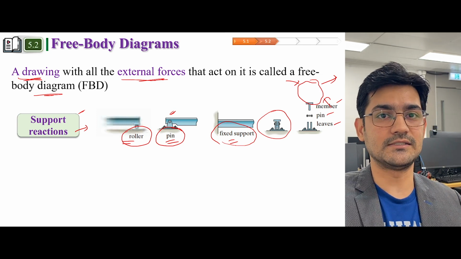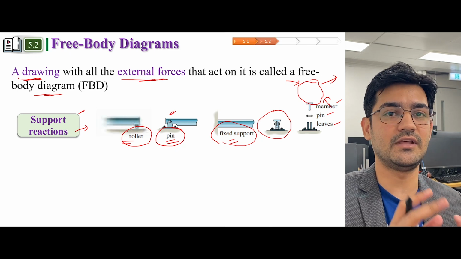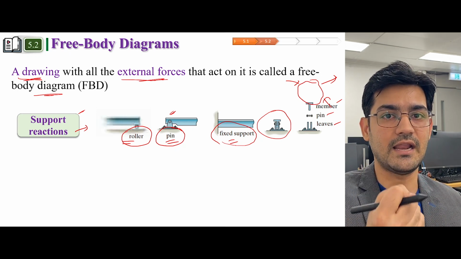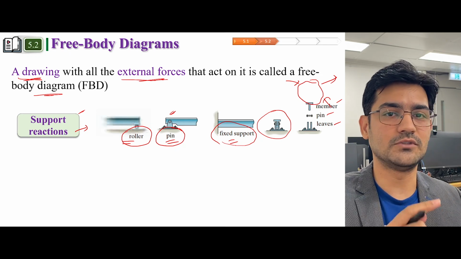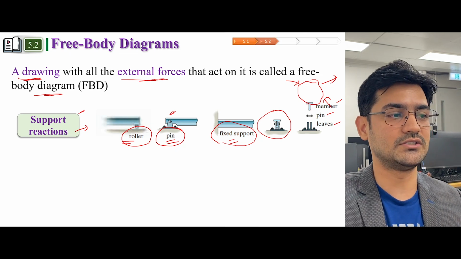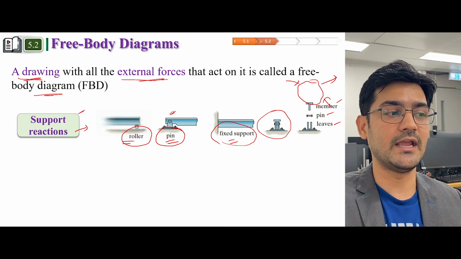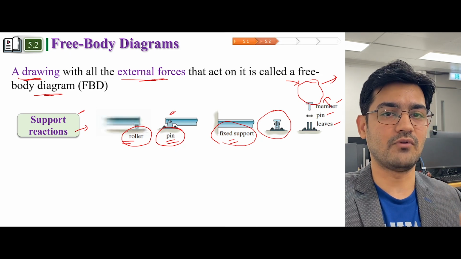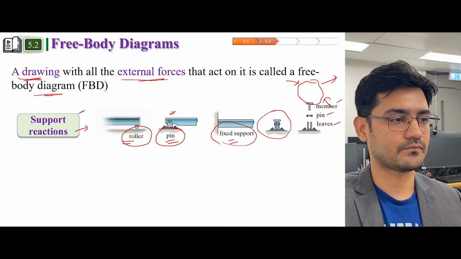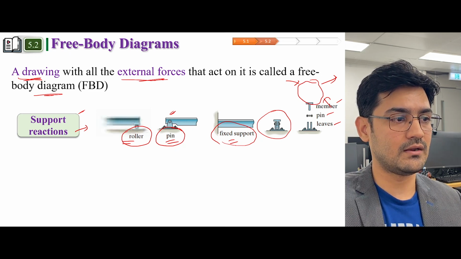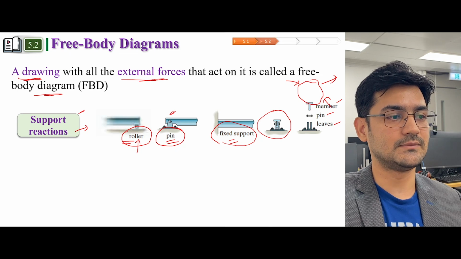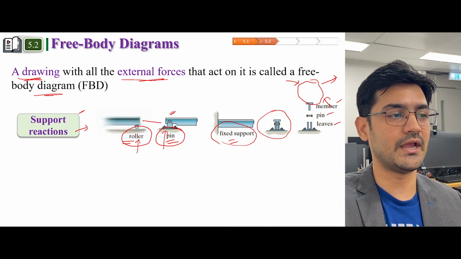So remember, as we have previously studied, that there are two types of forces, an action force and a reaction force. Now this reaction force comes from the support reaction, so that's why we also need to understand these support types and which support type provides which type of reaction. So basically this roller support will provide one reaction, and this pin support will provide two reactions, and this fixed support will provide three reactions.